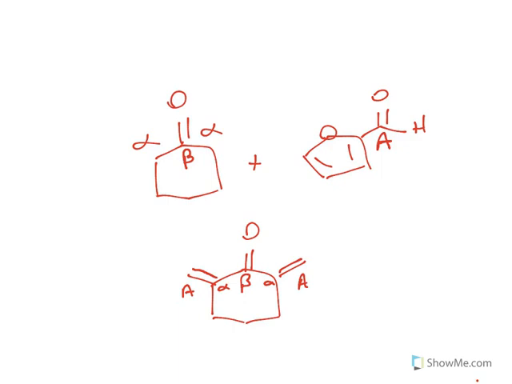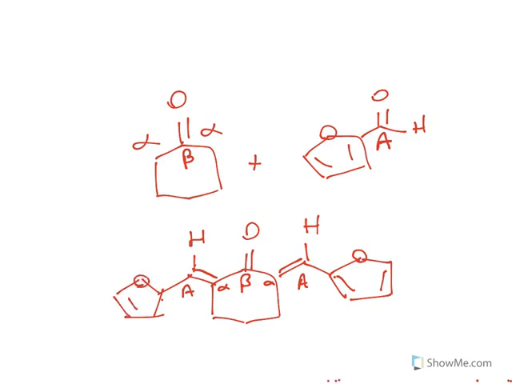So make a double bond between alpha and A, and we just got to figure out what the heck's left on A. The hydrogen and the furan ring. All right. Over here, the furan ring.